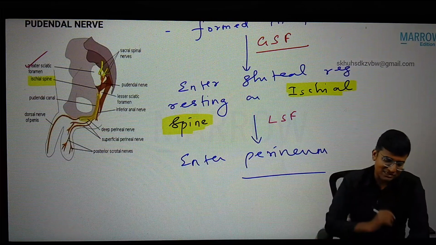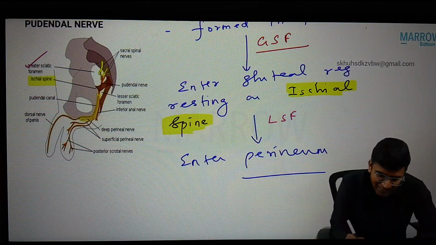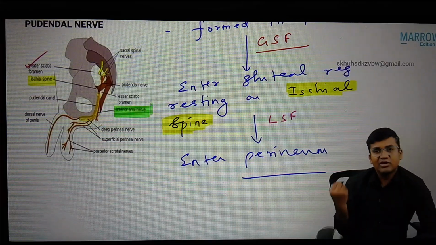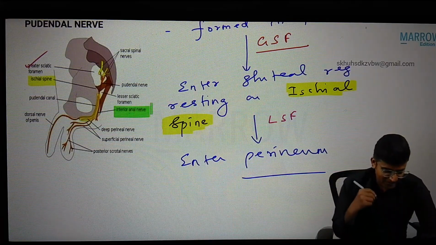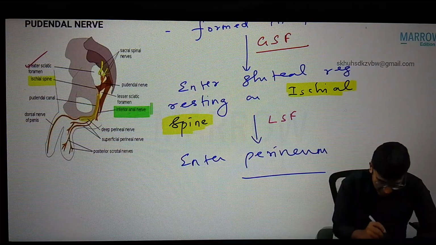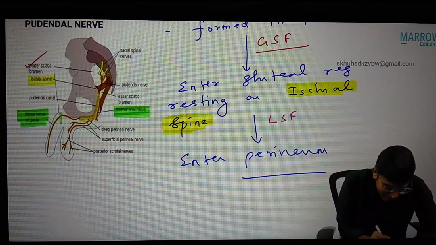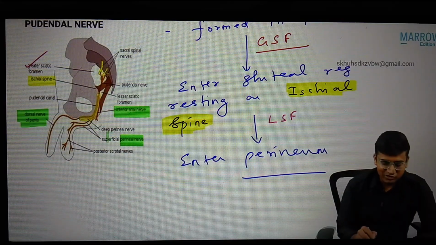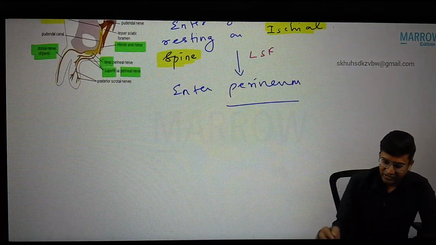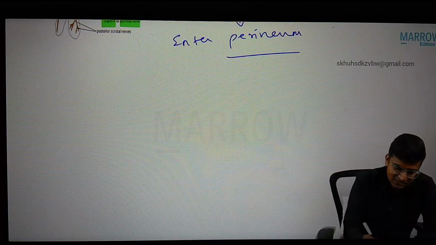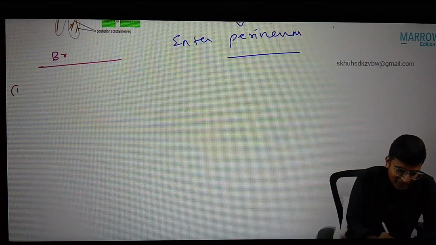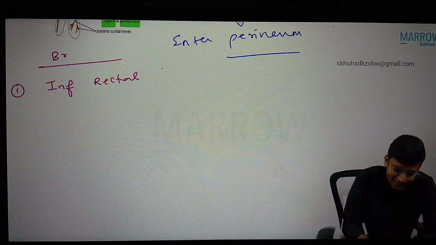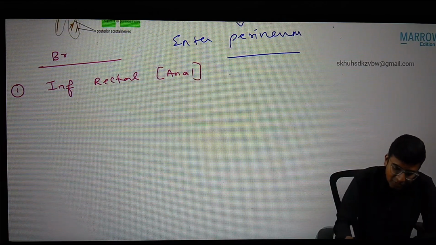One last thing, what are the branches of the pudendal nerve? Number one, the inferior anal nerve or inferior rectal nerve. In some books they give inferior anal; both are right.